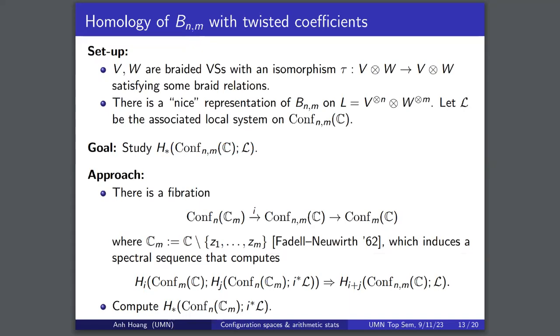This induces a spectral sequence that computes the homology of the mixed, bicolor configuration space from the homology of the configuration space with coefficients in this homology. And our goal would be to actually compute the homology of the configuration space of punctured planes instead.